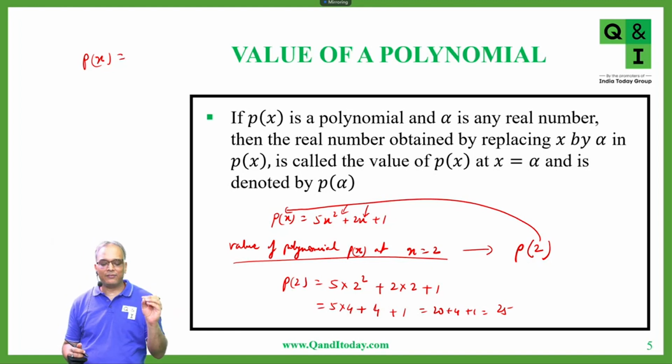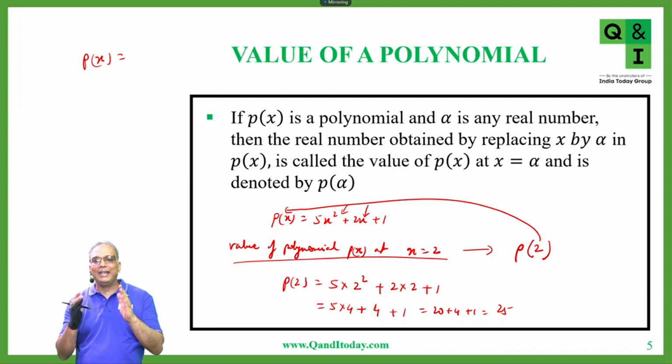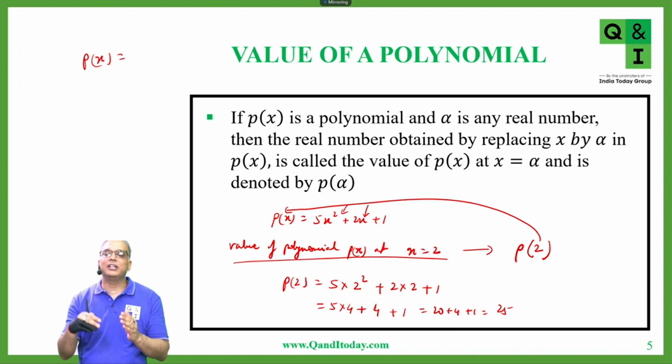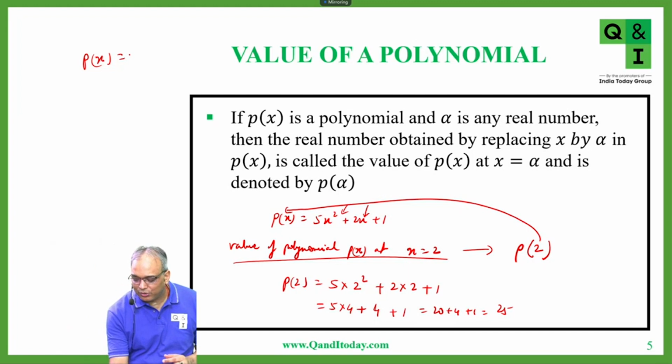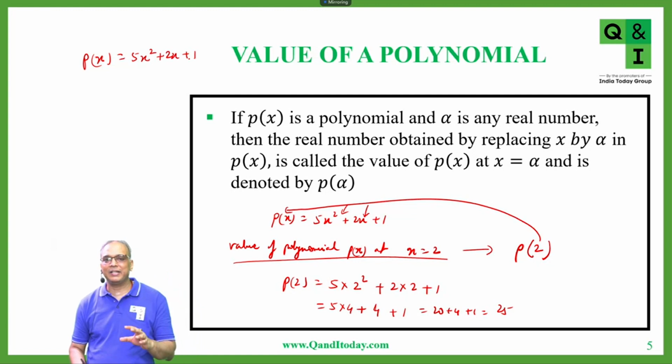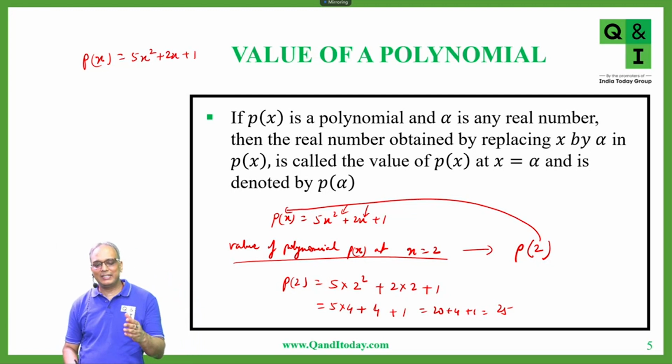So let us say we have named this polynomial by the letter P, and x denotes the variable which we are using in that polynomial. So we have used this variable x in the polynomial 5x square plus 2x plus 1. This is an algebraic expression, and because the powers of x are positive integers, this is a polynomial.